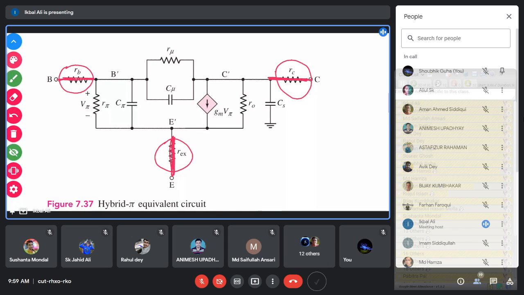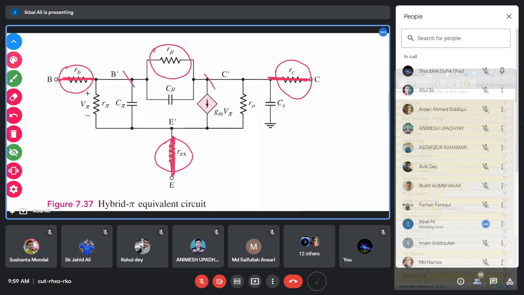And now R mu. Between the base and collector you have a reverse biased base collector junction, and this R mu resistance is the reverse bias diffusion resistance.